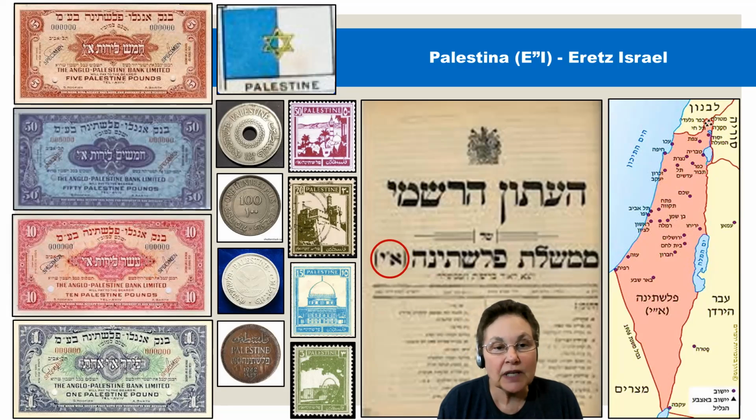This abbreviation appears on each item here other than the flag, and also appears on other official documents such as passports, birth, marriage, and death certificates, contracts, public school documents, etc. You cannot find the same group identity on any document of the so-called Palestinians who wrongfully claim ownership of the land of Israel.